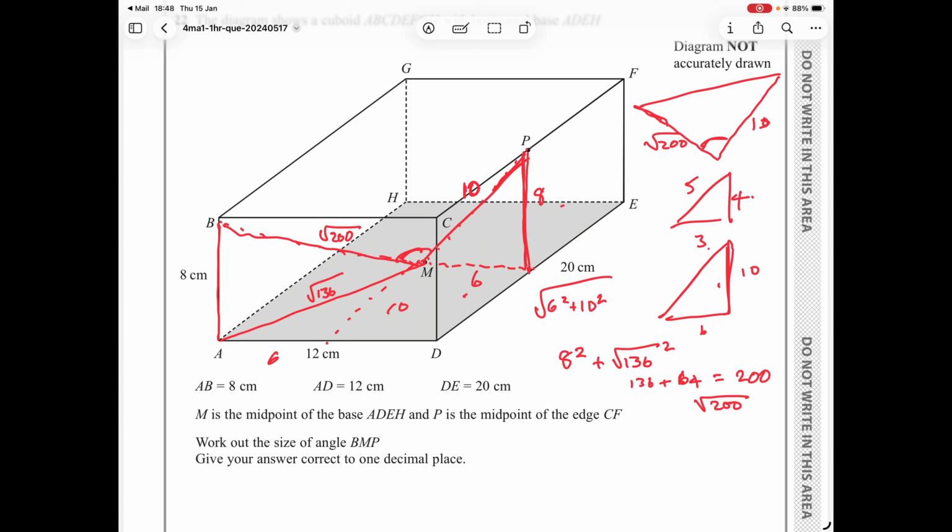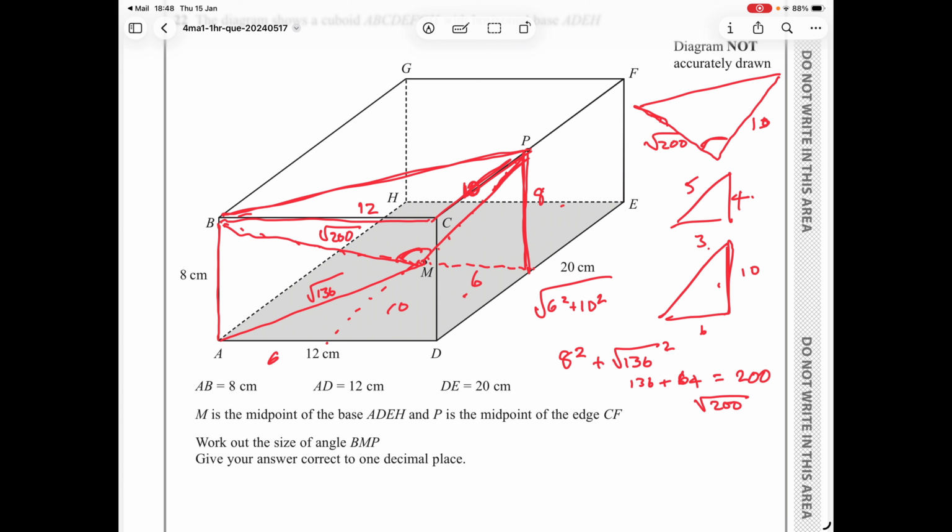How do I find that? What do I know about that bit there? That one's quite easy, because that one is there and there. So that's 12 by, what's that one there?